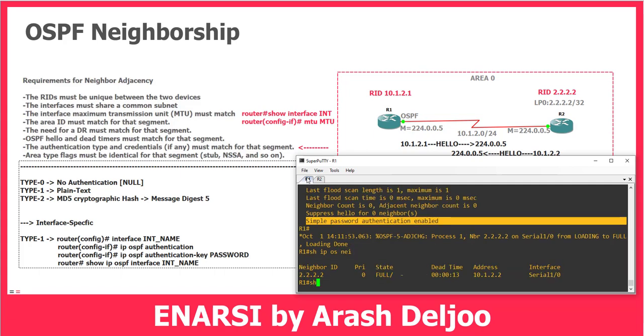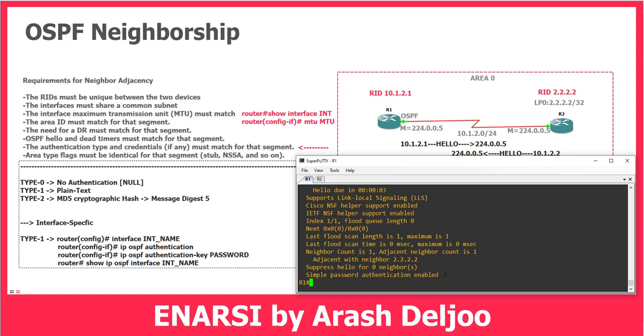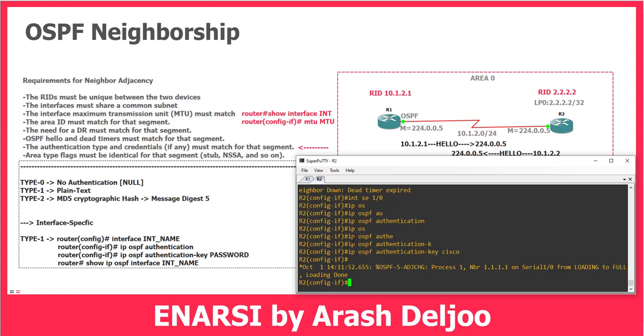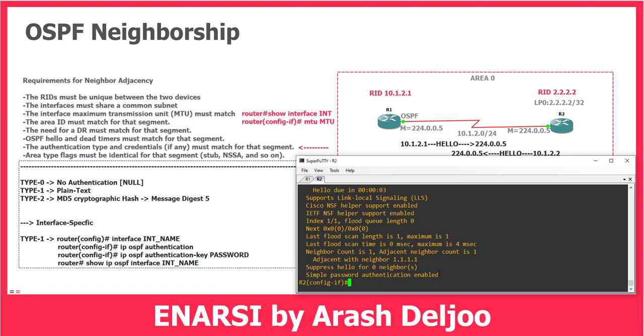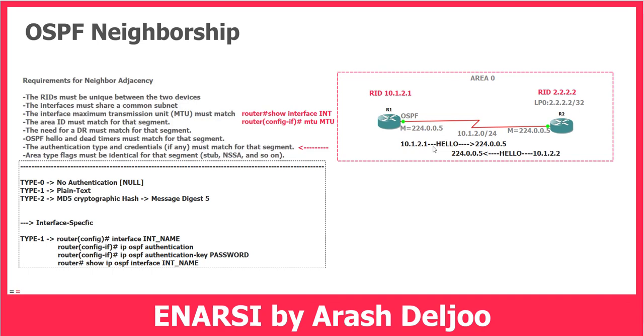Show IP OSPF interface serial 10 shows simple password authentication enabled. Also in router 2, show IP OSPF interface serial 10 shows that we are using simple password authentication. It is so easy. But you know that this is not a secure method because an attacker can easily find this password.